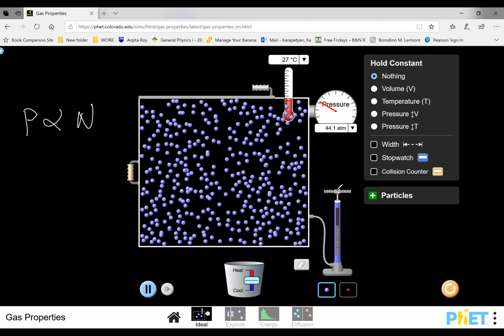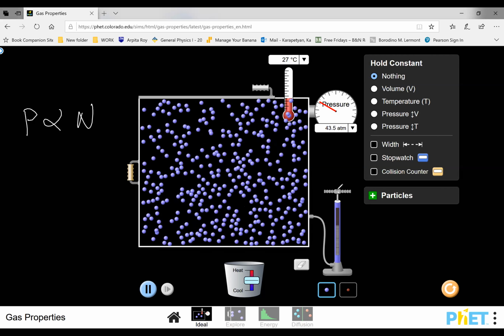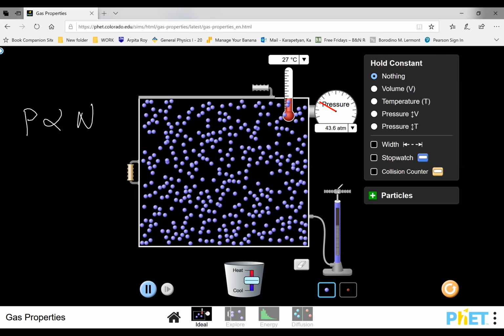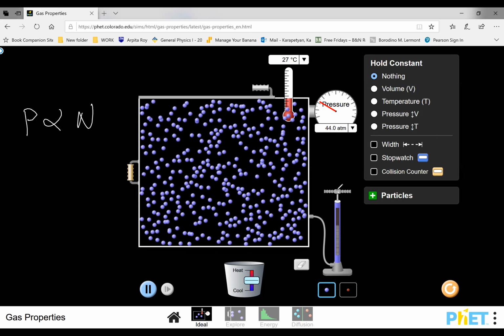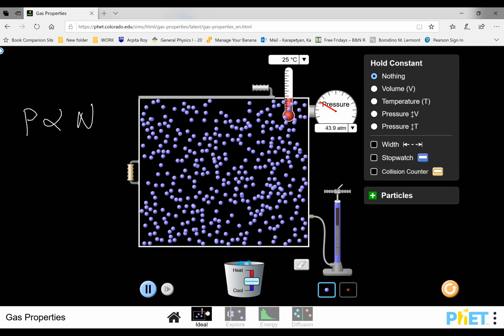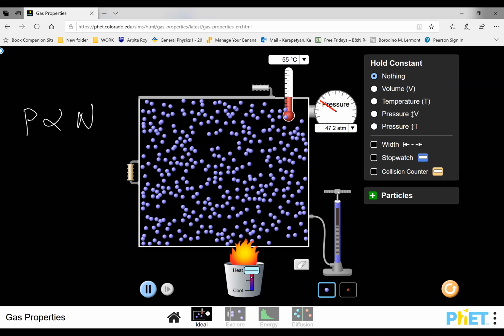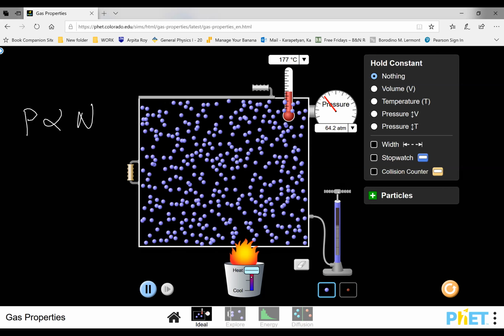All right, so now let's see what we have. Look at the temperature. Let's say right now I have 27 degrees Celsius. I'm going to increase the temperature in my system by putting this on a hot plate, which transfers heat into my system, and then heat makes those molecules move faster.